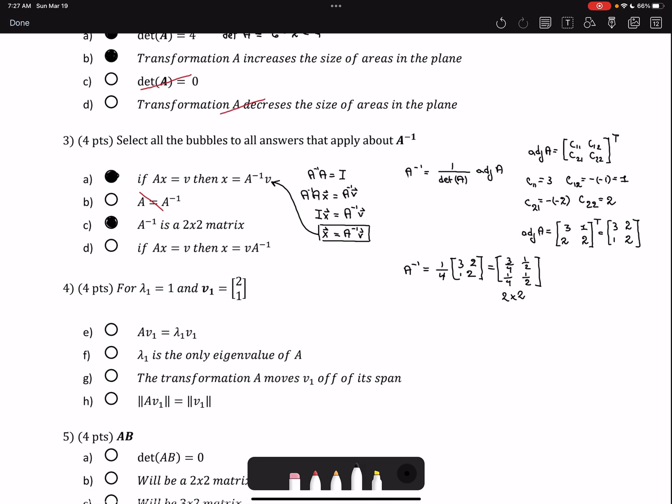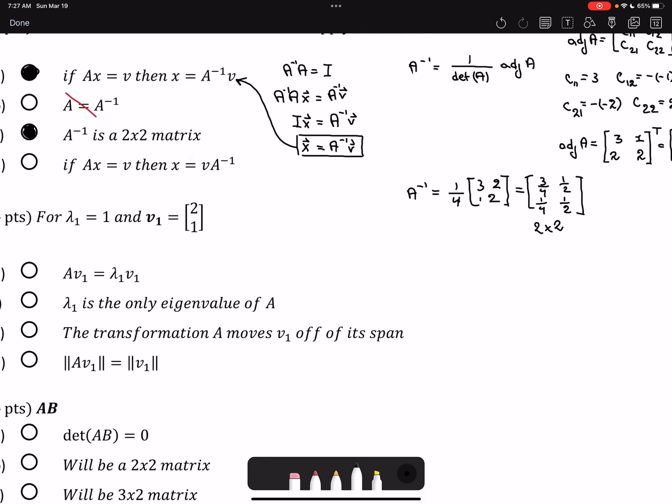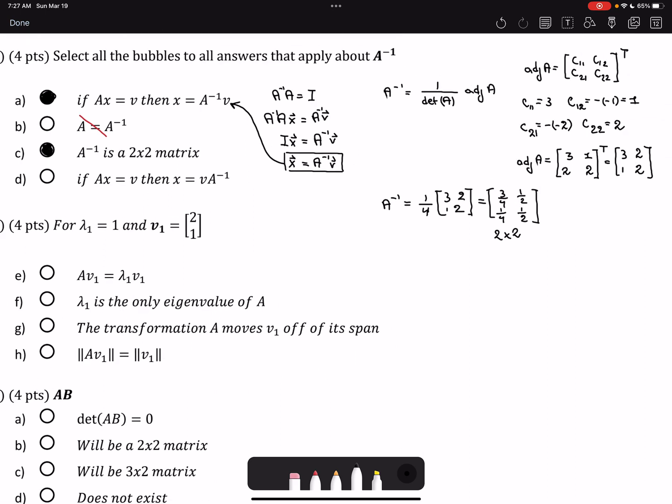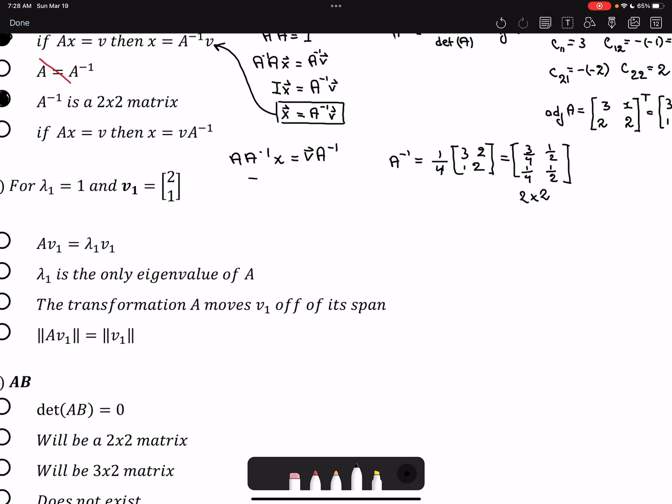And then this one: if AX is equal to V, then X is equal to V A minus 1. Well, let's see if that is the same logic that we had before, but now the A is on the right. So let's apply the inverse matrix on the right. Now the problem with this is that yes, we get an I on the left because they'll have the same dimensions.